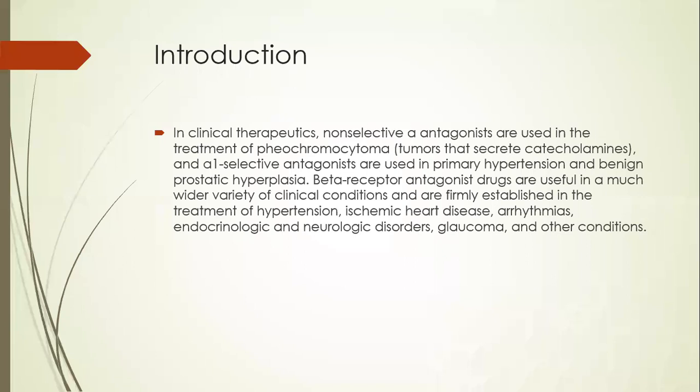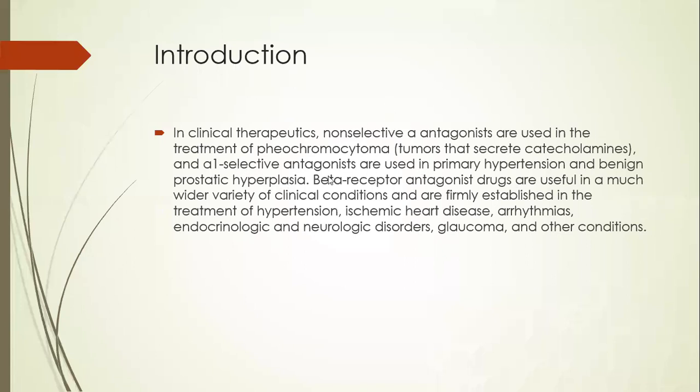The main ones to be learned are that it will really increase the heart rate, and breathing speed will also be increased. Another one is hypertension, which is the increase of the blood pressure. Now let's continue here.